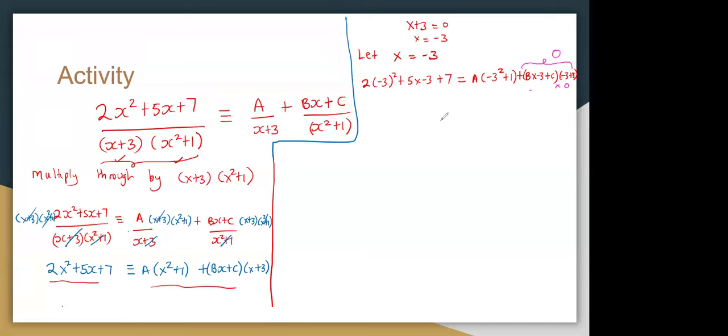Okay, but let me first pick this hand. Yes, Precious. Excuse me, teacher. On this part that you multiplied the 2x squared plus 5x plus 7 divided by the x plus 3 into, again, x squared plus 1, whereby you took it the other side and this side to the method.